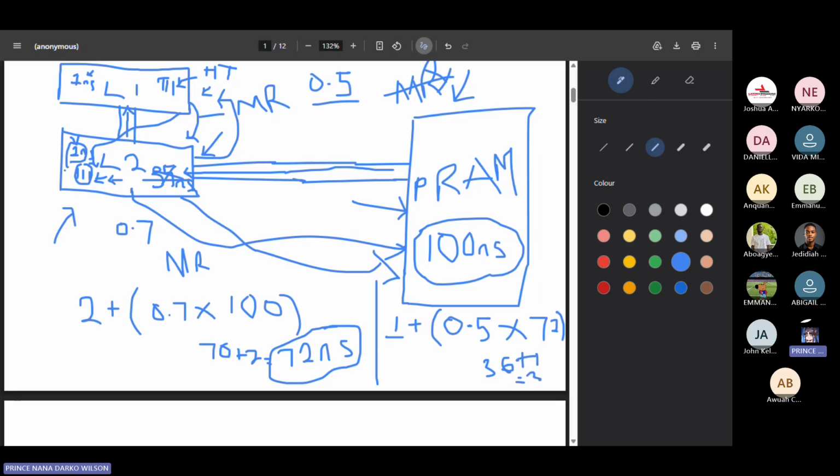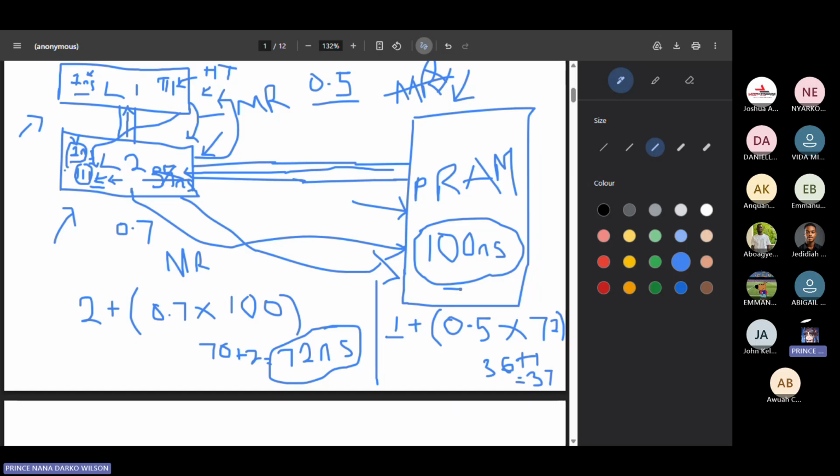What does this mean? This means that, taking into consideration the values that are actually on level 1, the values that are not on level 1 but are in level 2, and the values that are not in level 2 but are in RAM, putting them together, we can now say that the CPU spends roughly 37 nanoseconds to retrieve data during processing, because it has to address all these 3 storage areas.